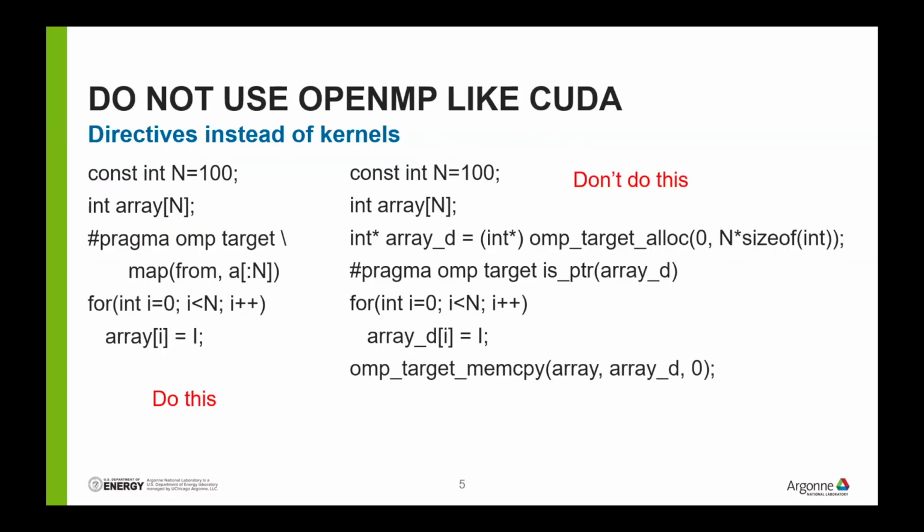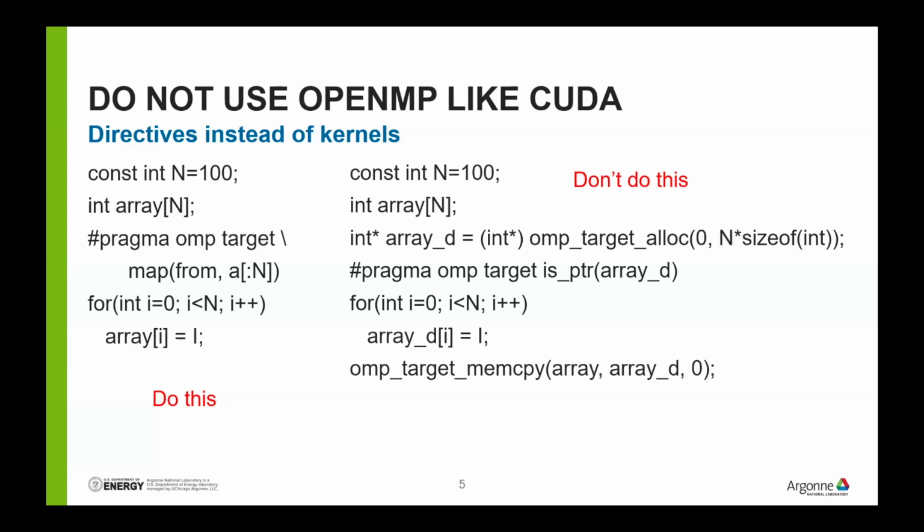It turns out when you're writing scientific code, the goal is to write something easily readable with as little pollution from the programming model as possible. So in this simple calculation, you want to just fill an array. On the left side is the directive style, and on the right side is the API style.